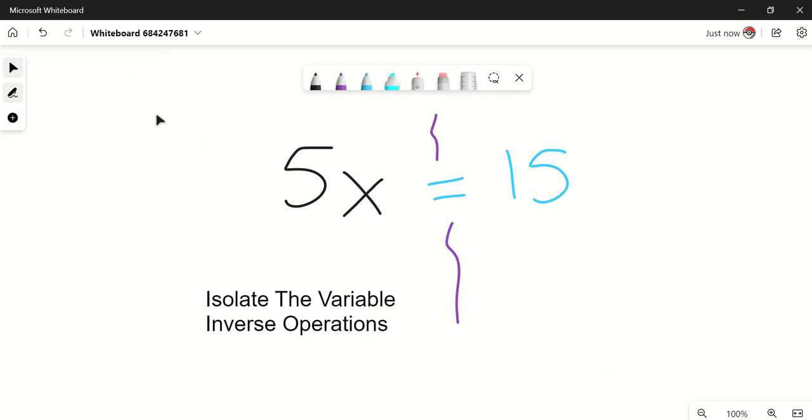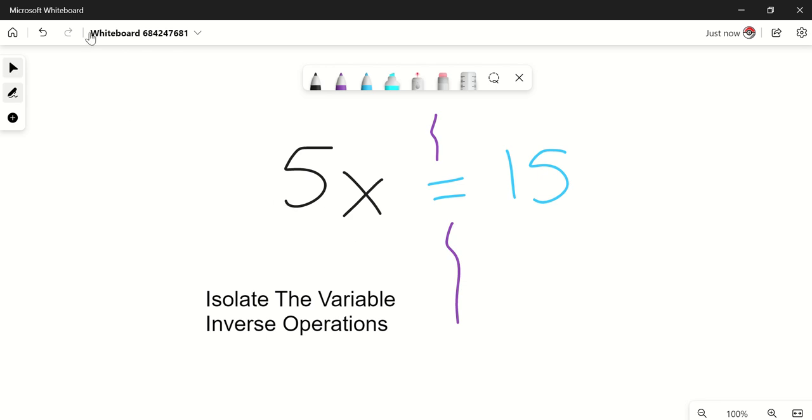So I'll use Brody as an example. If I give Brody $5, what math did I just use? I just added. I added $5 to his wealth, right? And if I want to take those $5 back, what do I do? Subtraction. The opposite of addition is subtraction, right? In this case, x is being multiplied by 5, right?